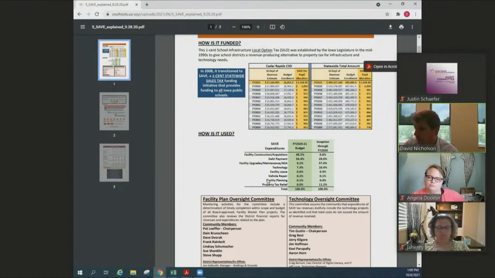We're still doing our leases. We're still doing some non-instructional software and those types of things. We still are funding some of that with SAVE, but the majority of the funds moving forward is going to be for the new elementary school construction. So we'll cash flow some of that, and we will borrow for some of that.